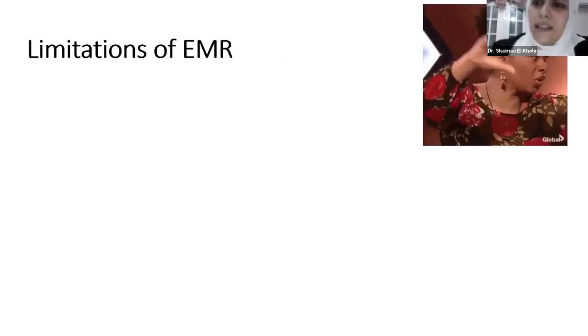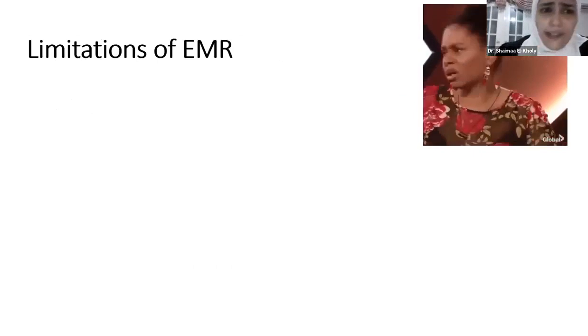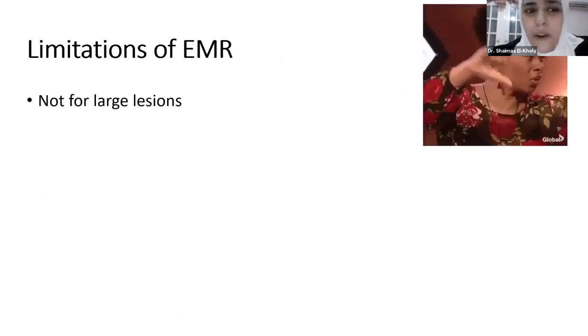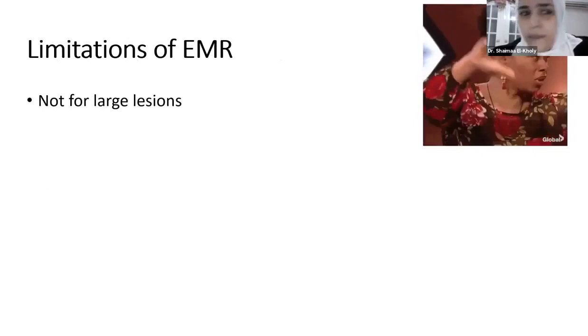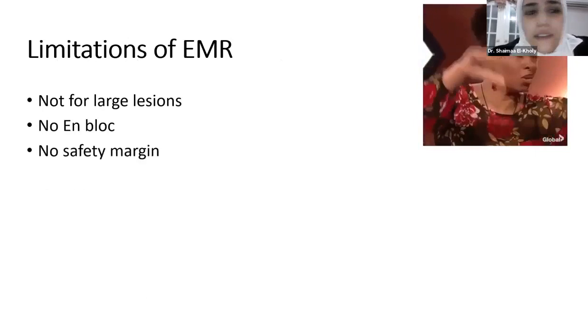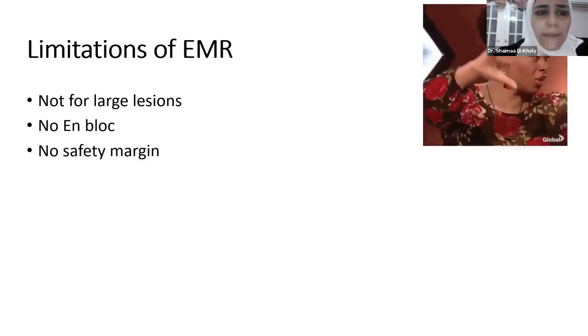But you can see this lady here. This lady is not happy with the EMR. Why? Not because she's a lady, and ladies are always arguing. Because EMR is not suitable for large lesions, as you cannot get en-bloc resection. So you will not have safety margins, either vertical or horizontal margins.